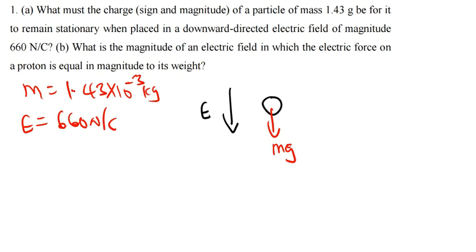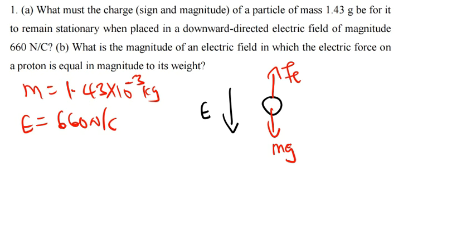Now if there is a force of gravity, for it to remain stationary, the electric force has to be in the opposite direction, so that the mg and the electric force are the same, then the net force will be 0. That charge is going to be stationary at that point.